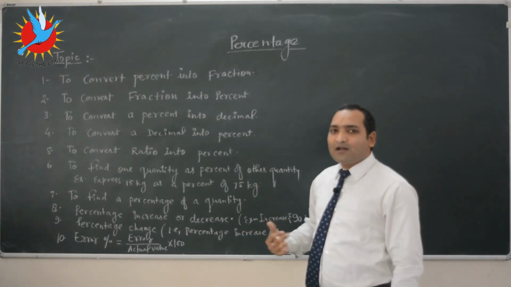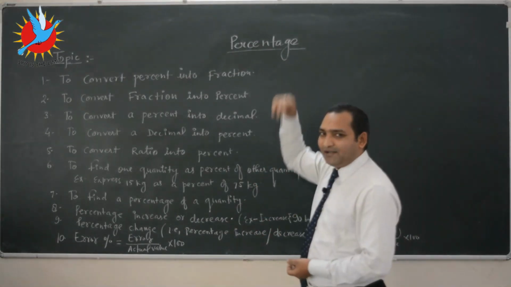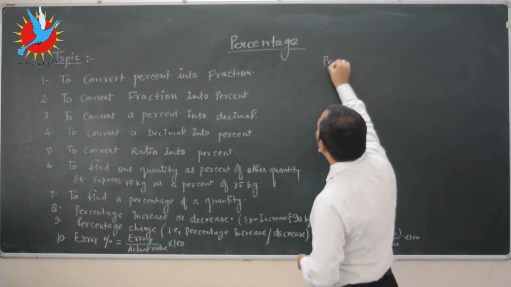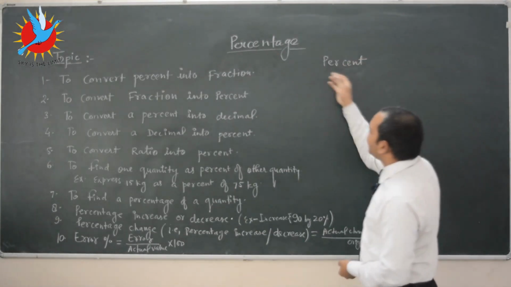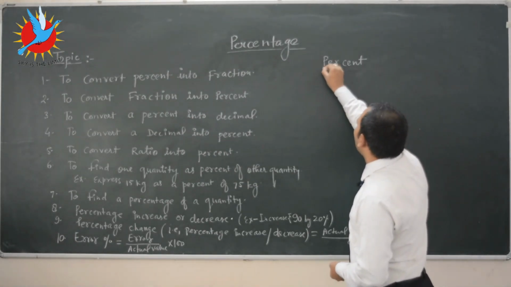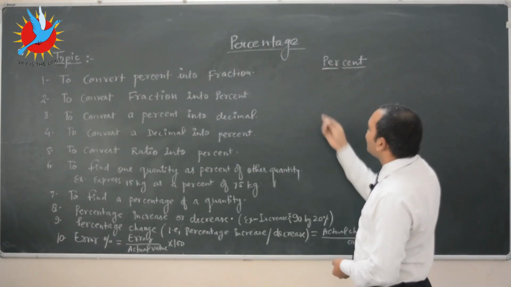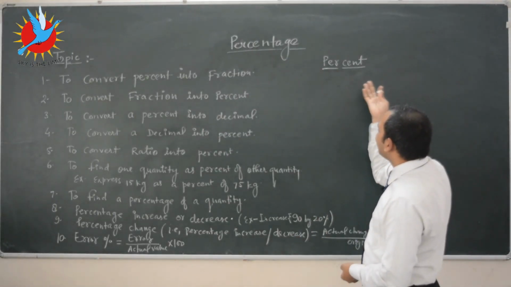First of all we see what is percent. Percent is a mixture of two words. When the two words join, per and cent, it becomes percentage.